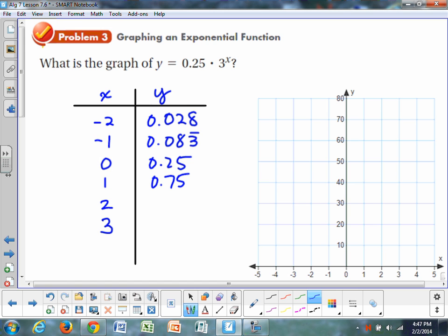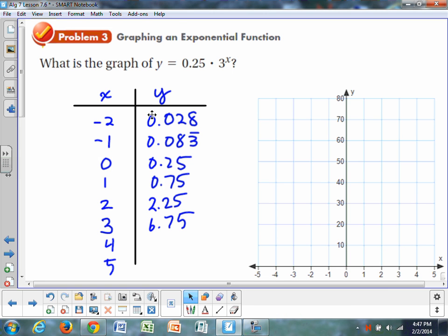And then 0.25 times 3 to the second is 2.25. 0.25 times 3 to the third is 6.75. For 4 and 5, I'll finish those up and then we'll graph them.